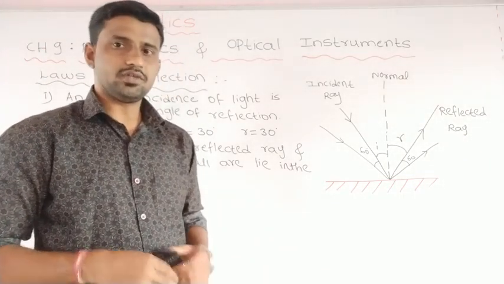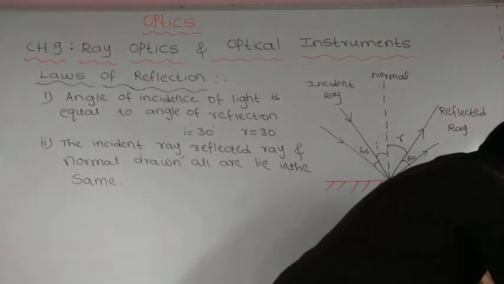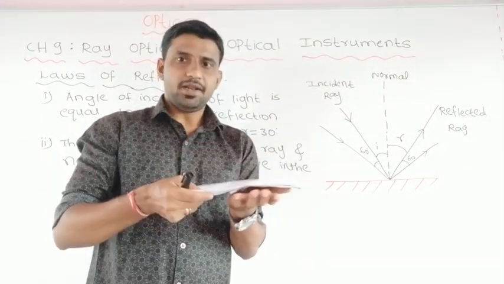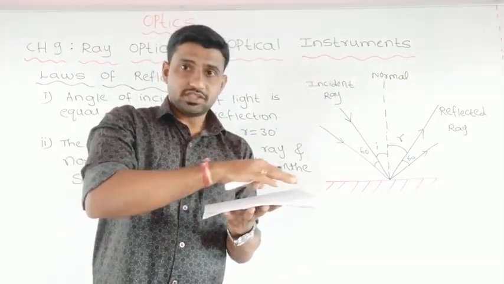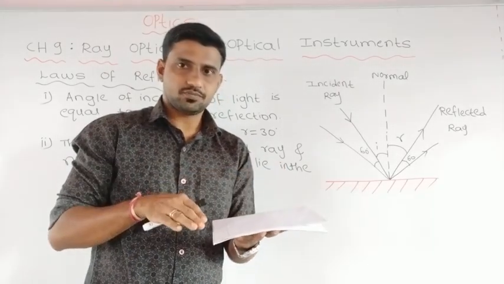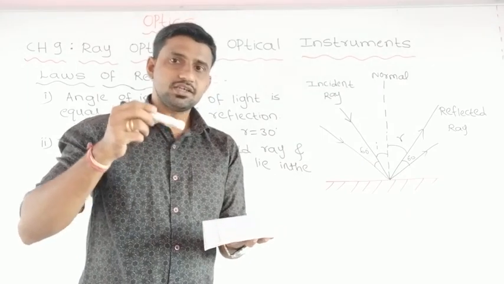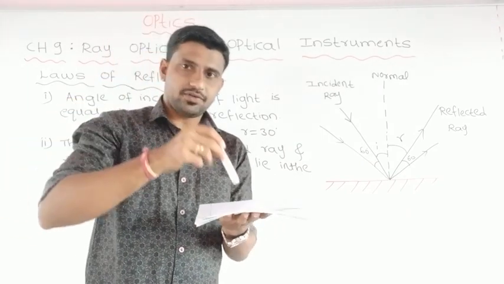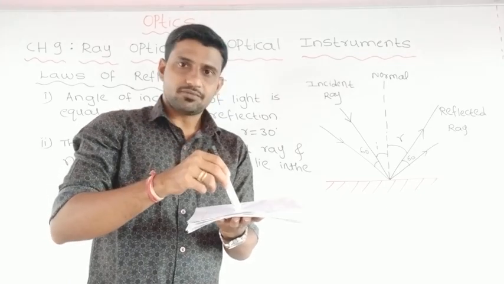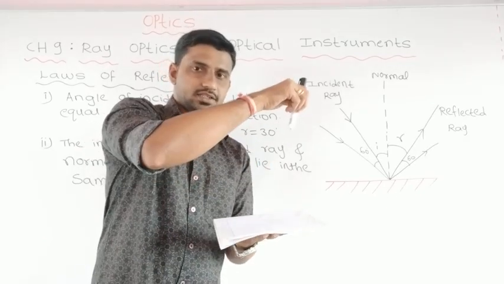What is the meaning of that? See here, assume that this is one plane, and this plane has the reflecting surface. I am incidenting light to this surface in this plane, and after hitting the reflecting surface, it bounces back like this.